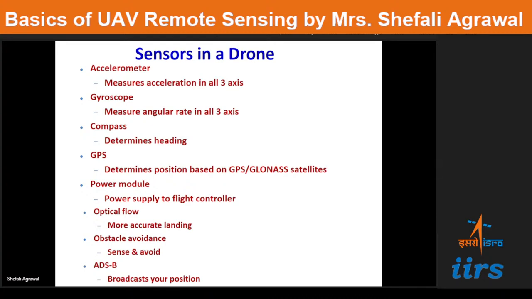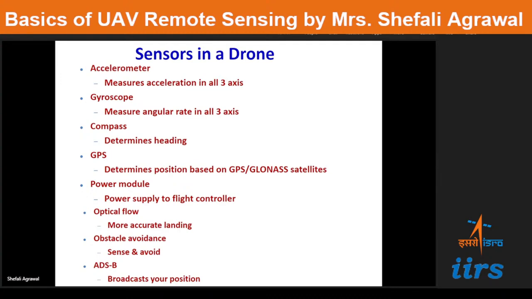Then there is another, nowadays all drones have this, an obstacle avoidance sensor. Now this is basically a safety feature, which is found in most of the drones now. Earlier it was not there, but now most of the drones have this feature for their safety. What it does is scan the environment and detect any obstacle along the route, to avoid collisions in real time.